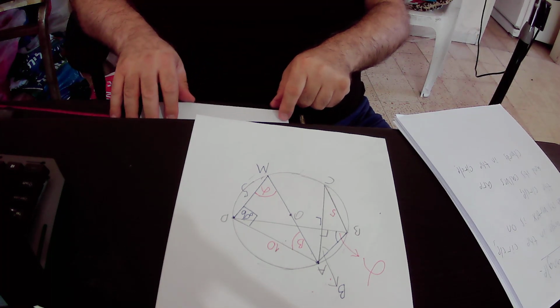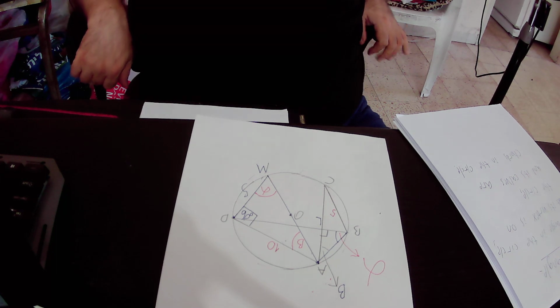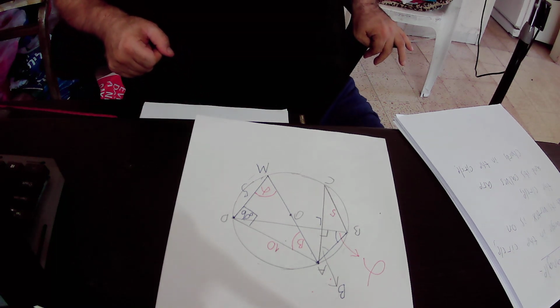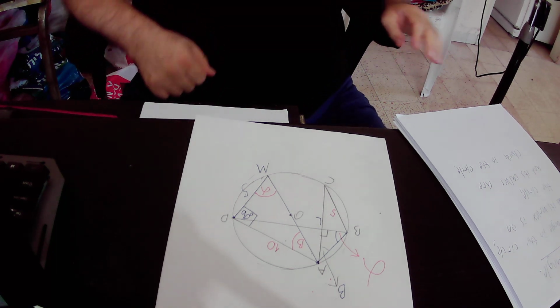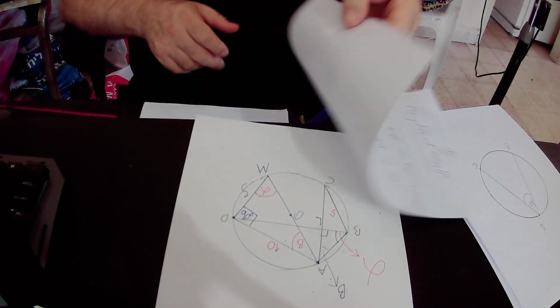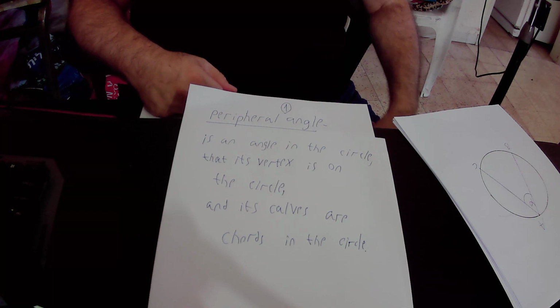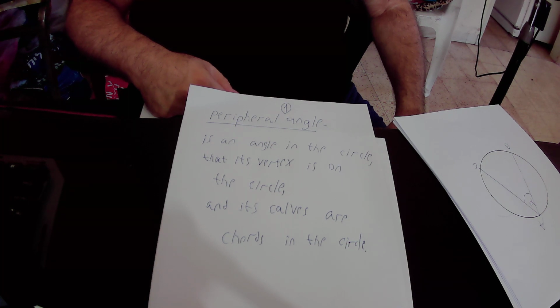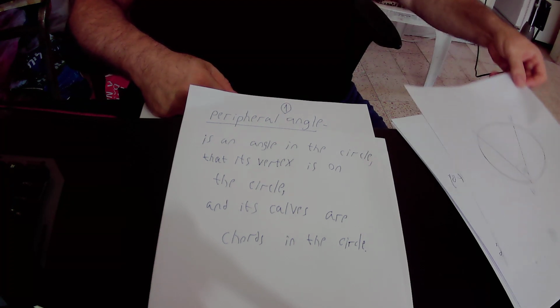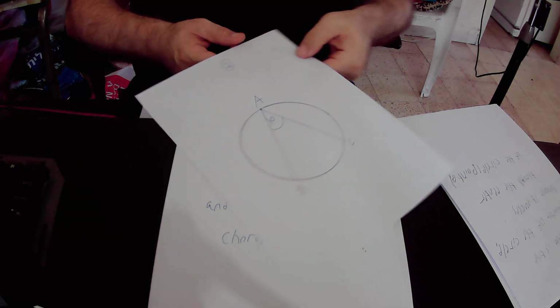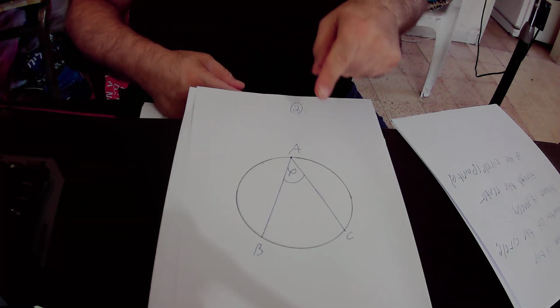First of all, we defined what is a peripheral angle. Actually, a peripheral angle is an angle in the circle whose vertex is on the circle and whose arms are chords in the circle. So this is an example of a peripheral angle.